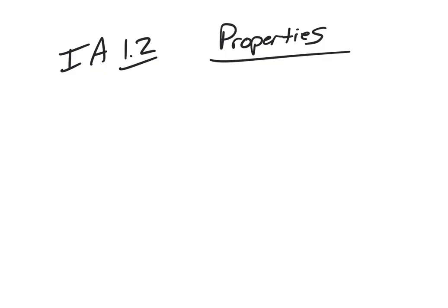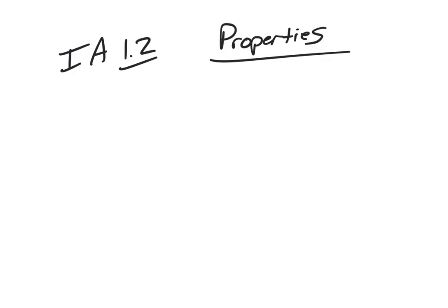Okay, so there are a bunch of properties, and some of them are similar and have the same property, but just a different operation that goes with it. Okay, so the first one, and here's what I'm going to do.